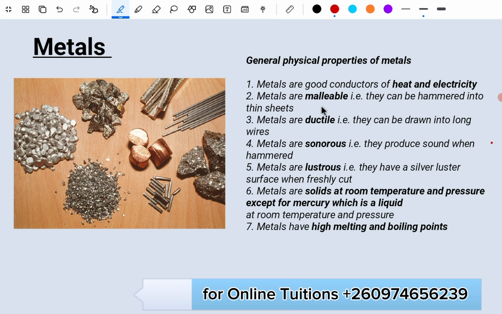So we have the general properties of metals. We can say metals are good conductors of heat and electricity. Okay, so good conductors of heat, this means that you can easily use these metals in places where you need heat conduction. For example, in the kitchen, you have a lot of kitchen utensils that are made up of these metals.